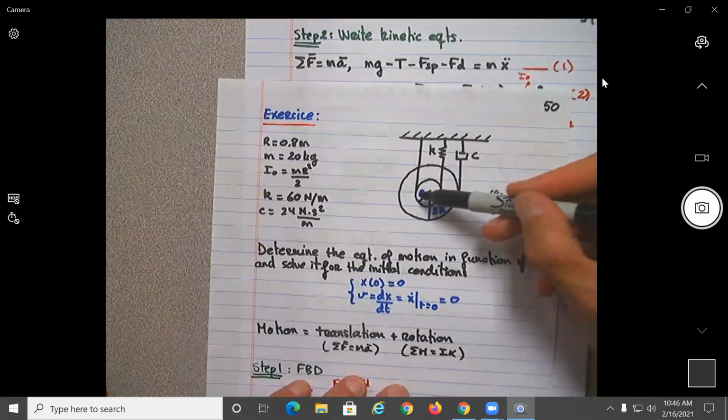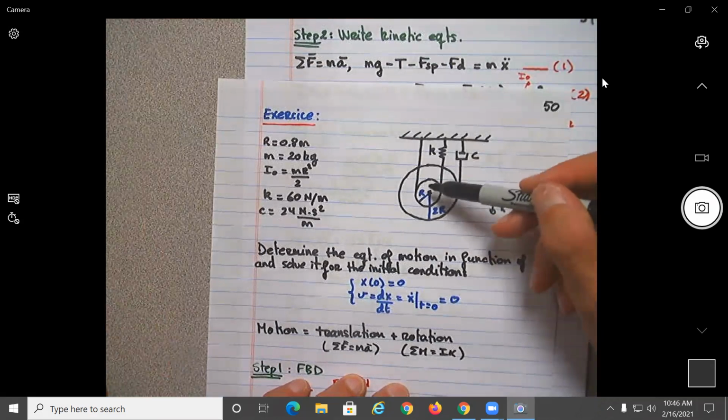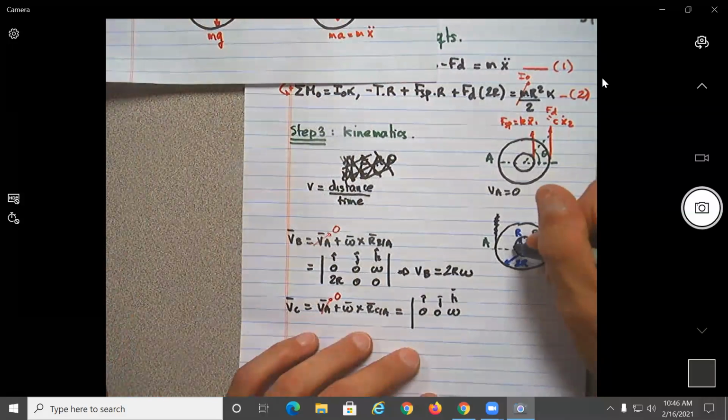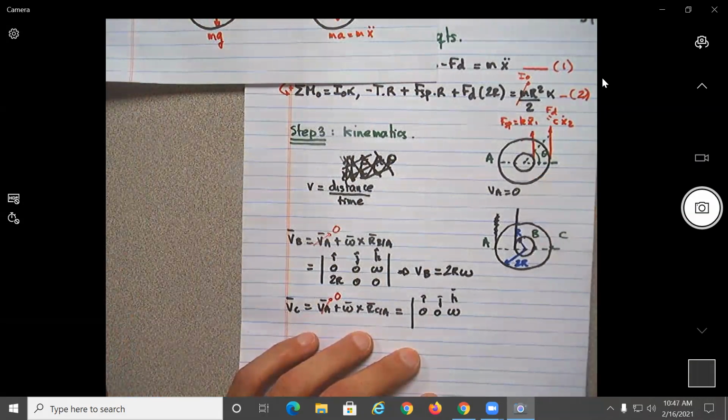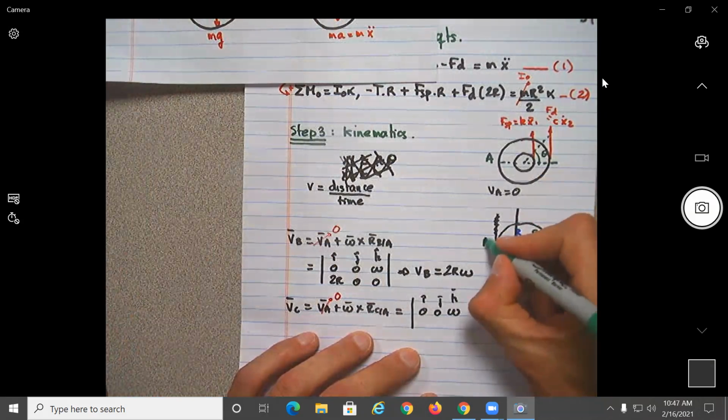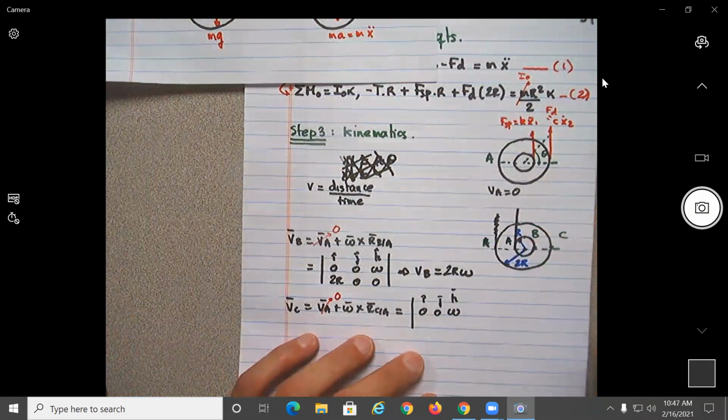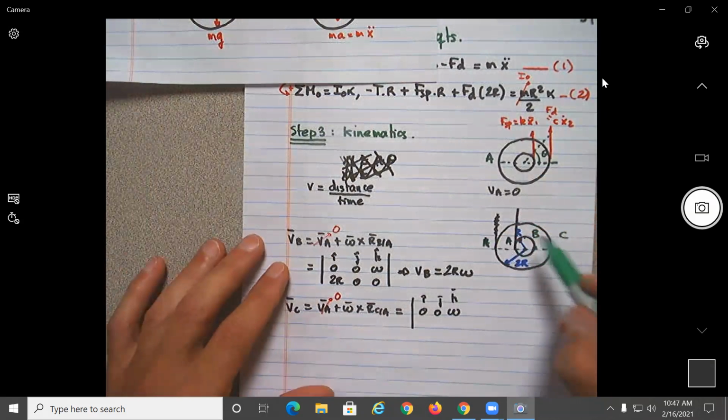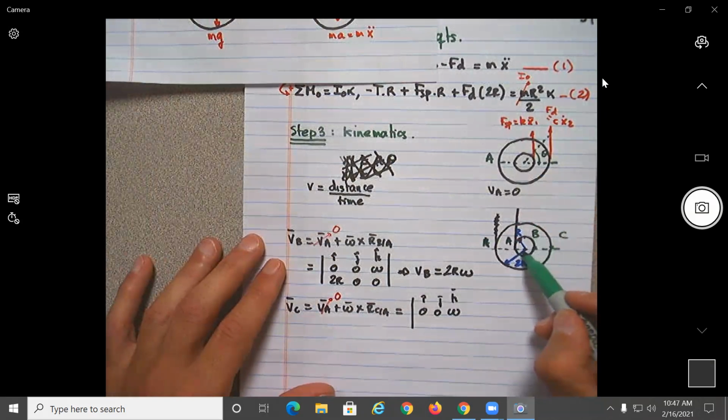My fault. Where should point A be? On the inside pulley, no? So this is your inside pulley, this is your point A, but it doesn't change anything because the point we looked at was point B, which will still be at 2R, no?